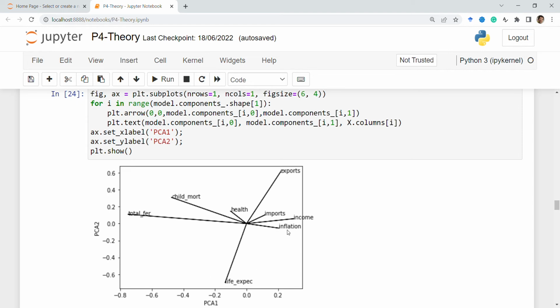So it seems that imports, income and inflation have the same kind of information, while child mortality and total fertility also have the same kind of information. Exports and life expectancy, the important thing is the axis, so even if they have opposite signs, they seem to be related.